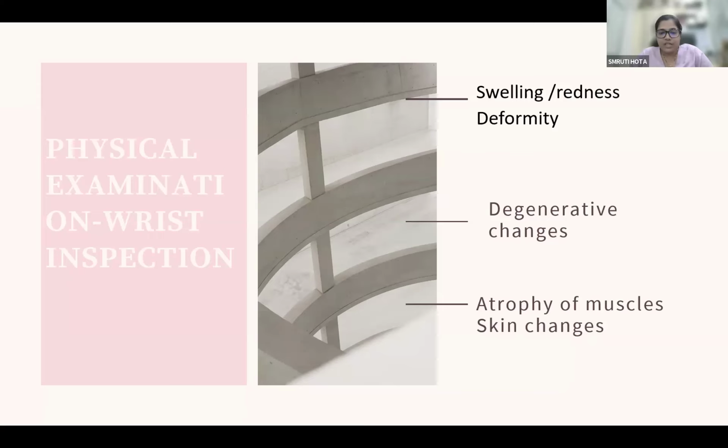Then degenerative changes like first metacarpal joint arthritis, you can see these changes. Or atrophy of muscles or skin changes you can see in other autoimmune diseases, or atrophy of muscles you can see in some nerve paralysis like ulnar nerve palsy, or any entrapment neuropathy also you can see.